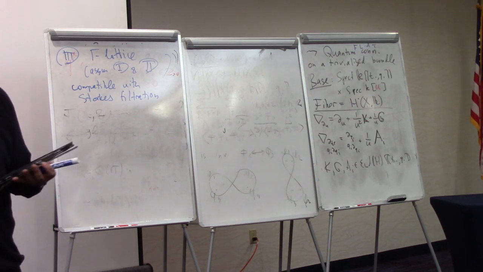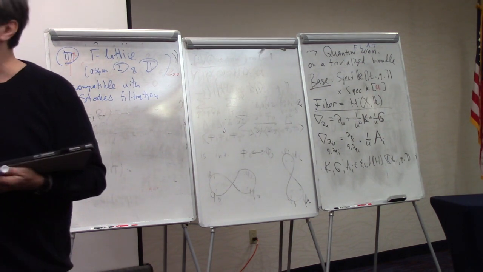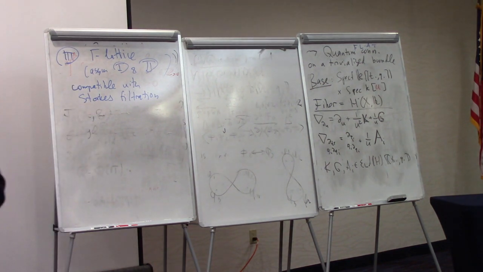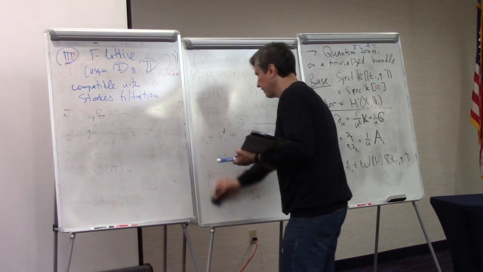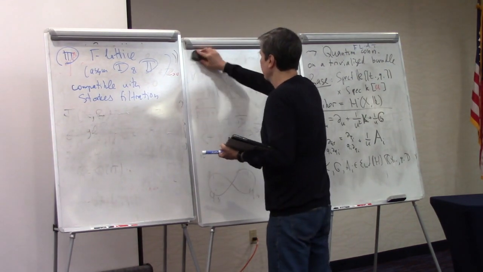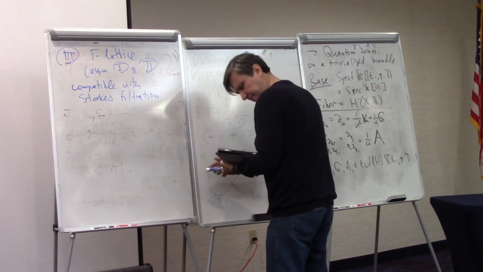There is a description of a lattice in terms of the topology of the manifold, of Chern classes. Using the gamma class, we can produce a certain covariantly constant lattice for this equation, and the conjecture is that near 0 it behaves well with respect to the Stokes filtration. The formulas are pretty ugly and complicated, so I will not write them.